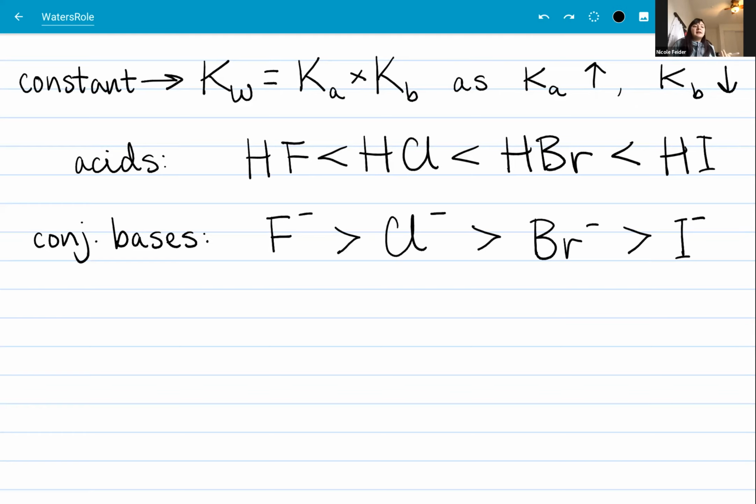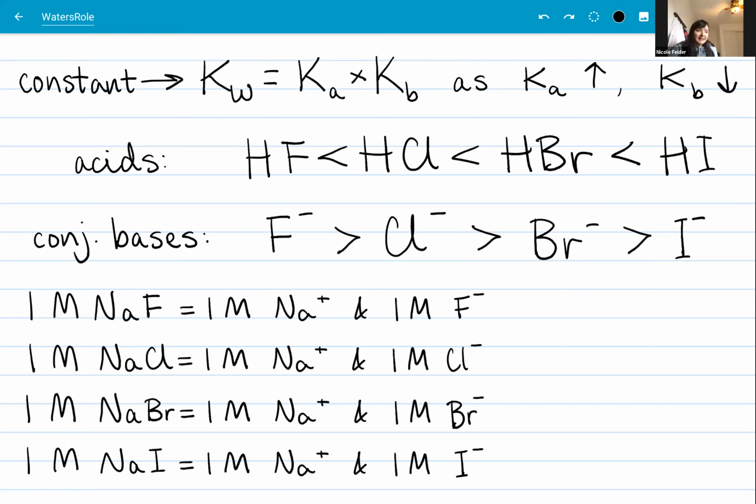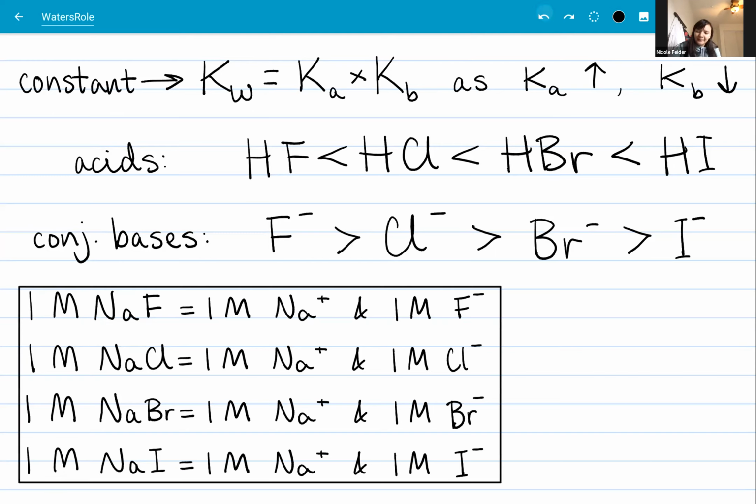All right, so say I have 1 molar solutions of sodium fluoride, sodium chloride, sodium bromide, and sodium iodide written here. And these are all highly soluble. So essentially, these are 1 molar of sodium plus and 1 molar of the halide counterions. Now, which of these solutions has the lowest concentration of hydronium?